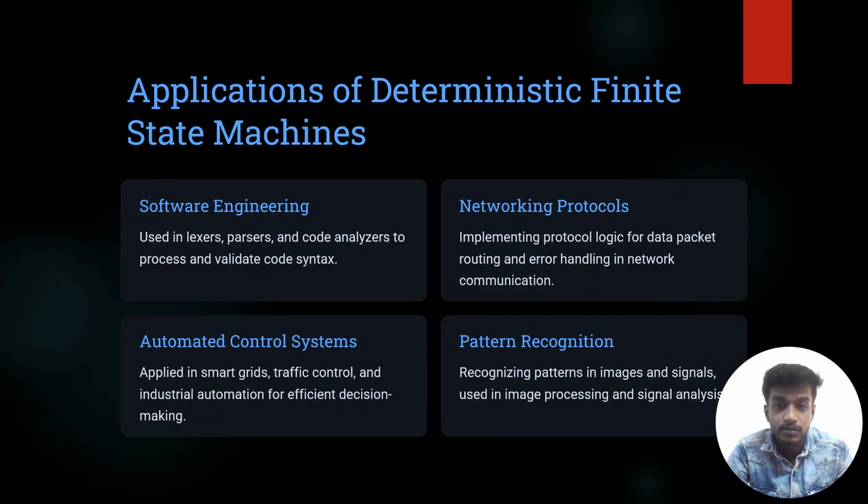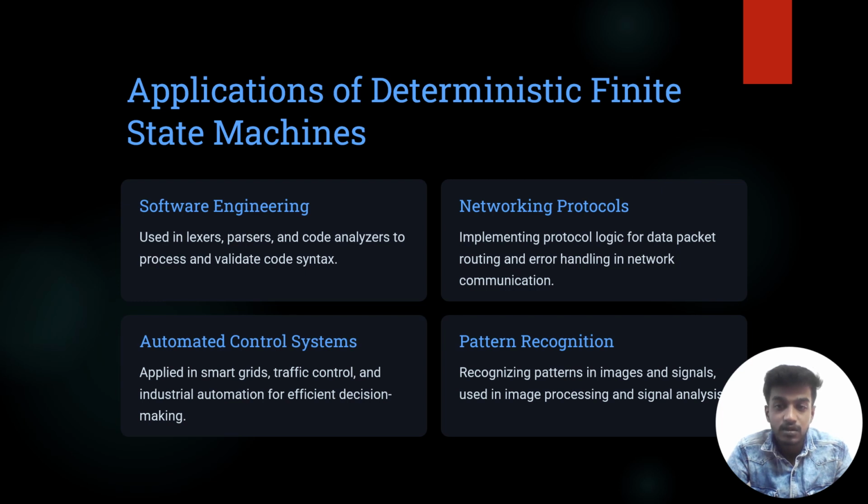Next, we will discuss the applications of deterministic finite state machines, like software engineering, network protocols, automated control systems and pattern recognition. Software engineering: used in lexers, parsers and code analyzers to process and validate code syntax.